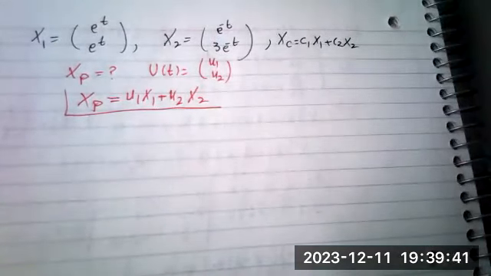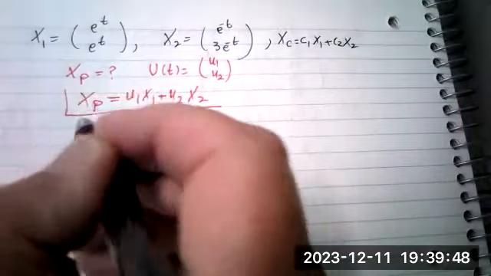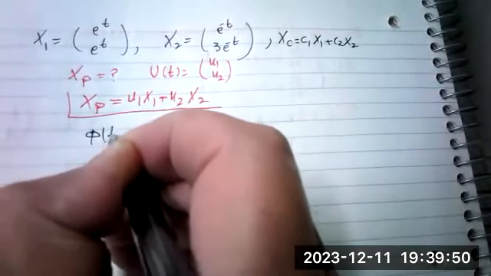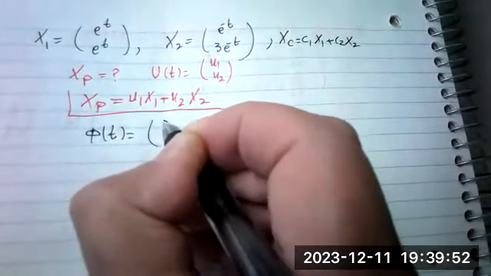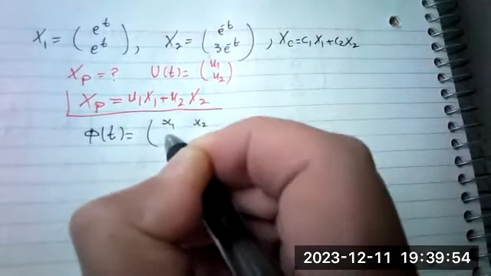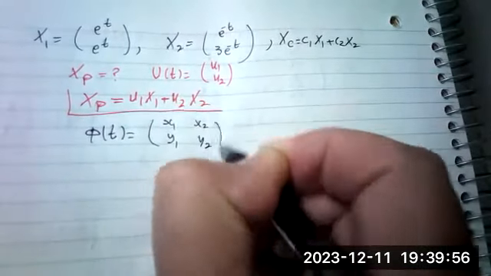Now, the way we talked about it the other night, we changed this solution into the matrix form. Remember, the matrix form is this one. Phi of t is going to be equal to x1, x2, y1, y2.